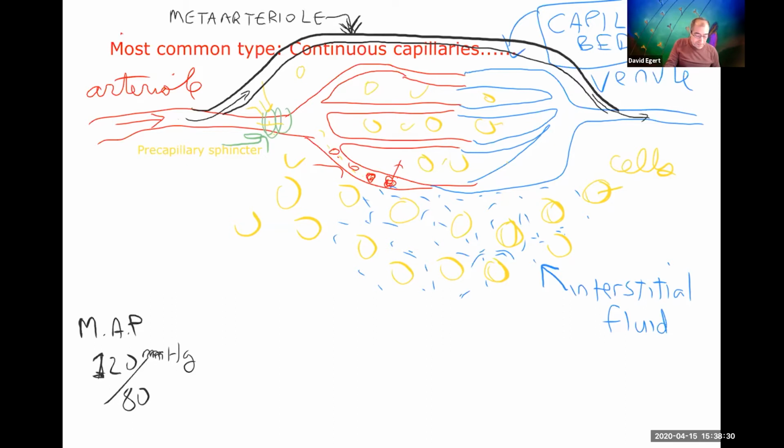I keep mentioning mean arterial pressure, and I know you calculated it for your lab. This was kind of that average, somewhere in between, but weighted down towards the diastolic. It was basically diastolic plus 1/3 of the systolic minus the diastolic.